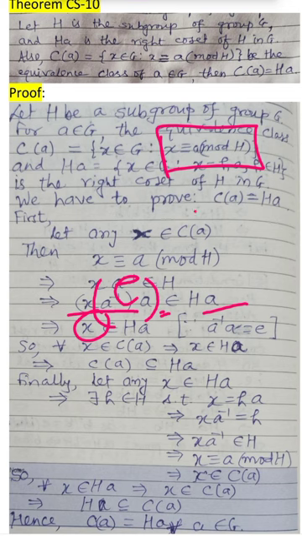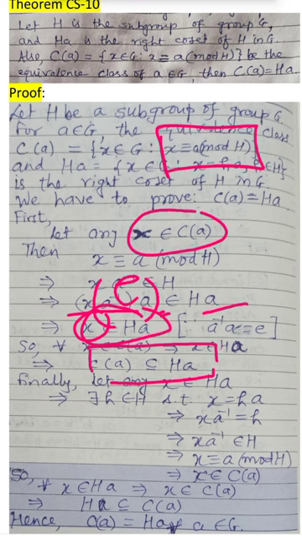So if X is the member of class A, then X is the member of HA. This gives CA is the subset of HA.